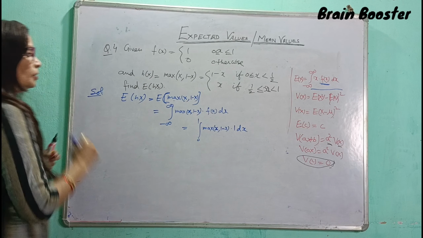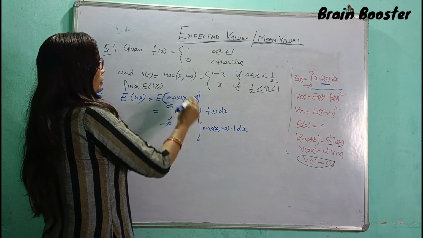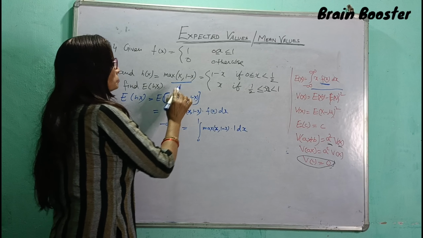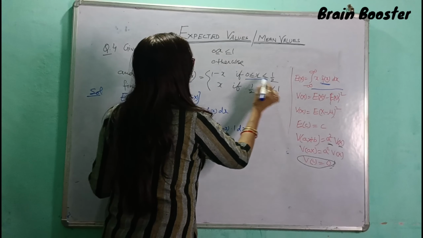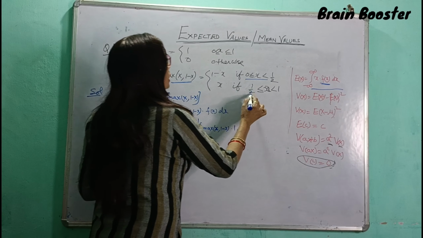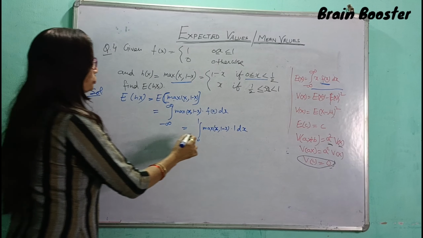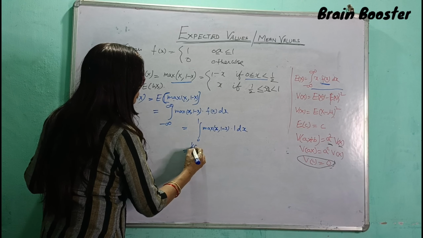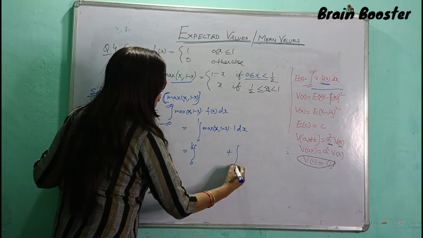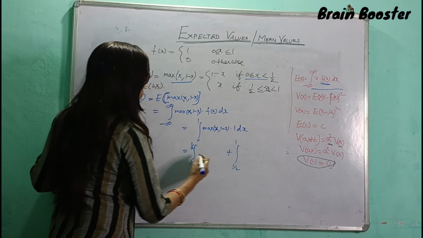Now we have done this. For maximum of x and 1 minus x, between 0 and half it is 1 minus x, and between half and 1 it is x. So separate this into 0 to 1 by 2, and 1 by 2 to 1.